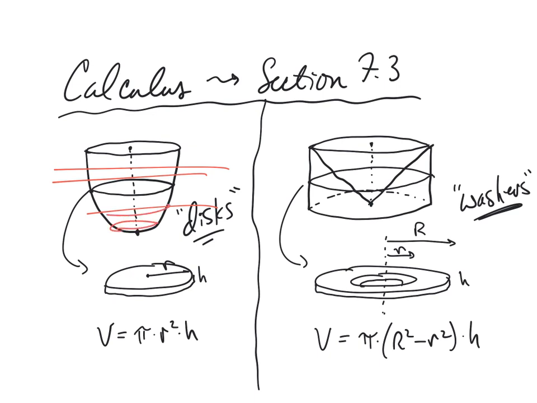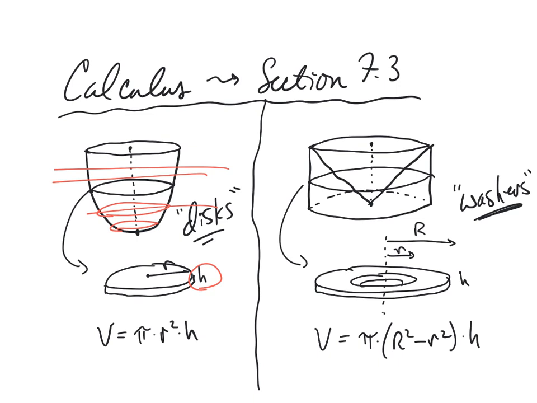So we'd have one disk on top of another, and we're adding up an infinite number of disks. All right, and our formula for finding every one of those individual disks was pi times the radius squared times h. And it was really, really important to understand in what direction h is, whether it's vertical or horizontal, because that then tells you what variable we're supposed to be working in terms of.